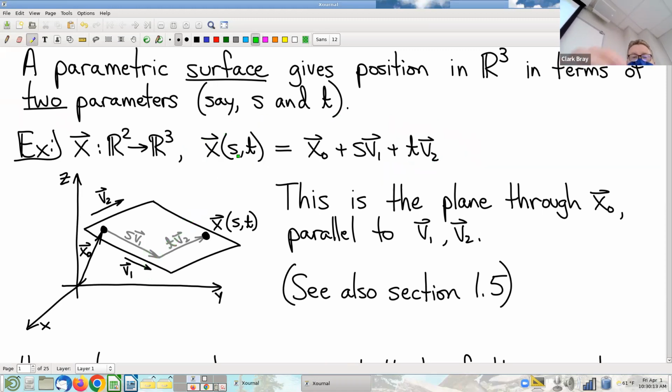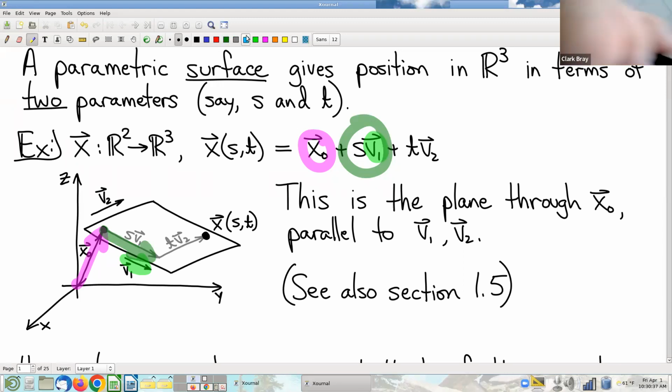The idea is that this x naught represents a point in the plane. This V1 represents some vector parallel to the plane. And if that's parallel to the plane, then if I take a multiple of it, I will again have something parallel to the plane.